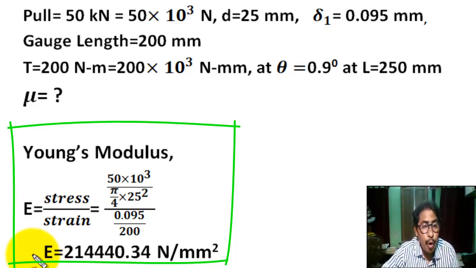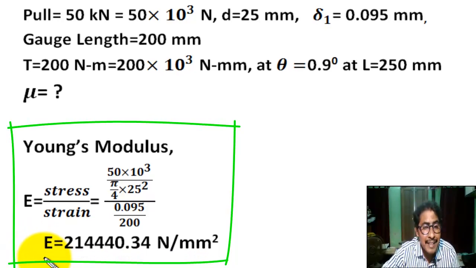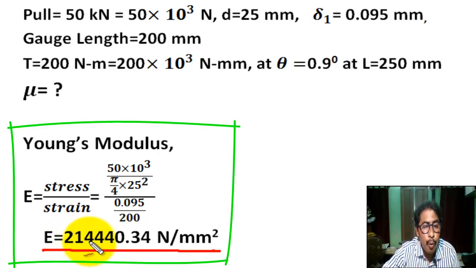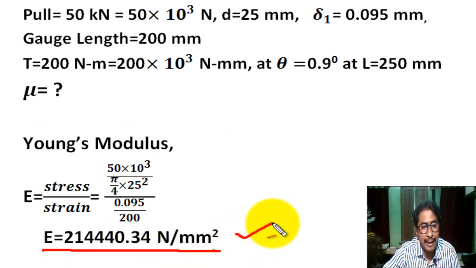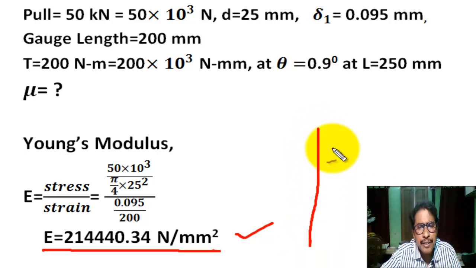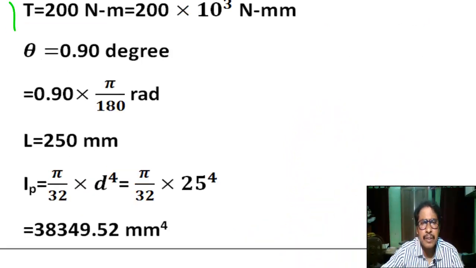Here value of Young modulus E equal to 214,440.34 Newton per millimeter square. Okay. This is for tensile test.